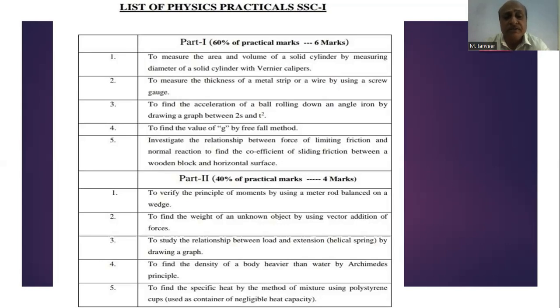All the questions asked are taken from the list which is given, and these practicals are a total of 10. That means part 1 has 5 practicals, and part 2 also consists of 5 practicals.